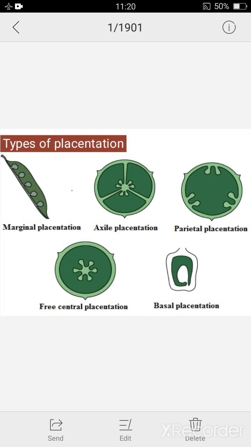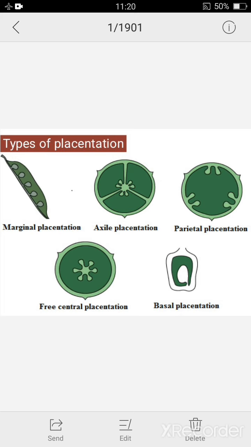You will observe some seeds in the center portion of the fruit, right? Isn't it so? Maybe you have had this experience, especially while cutting tomatoes and lemons in the kitchen. And how do you observe the arrangement of the ovules? They are at the center.